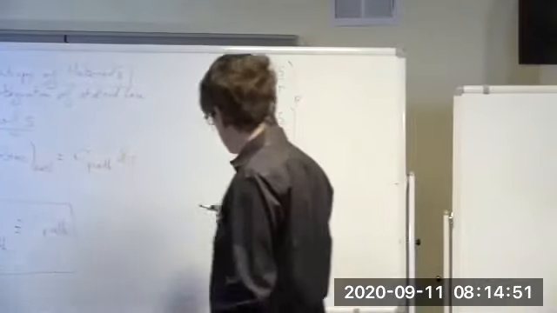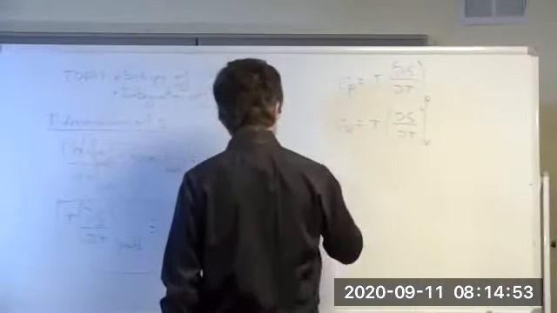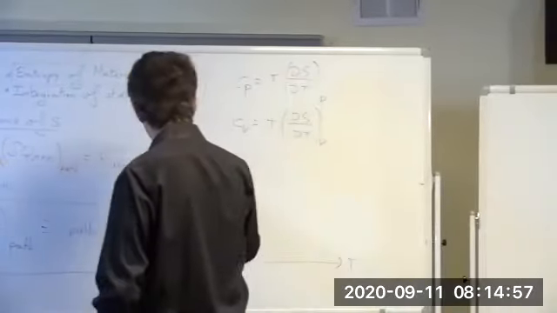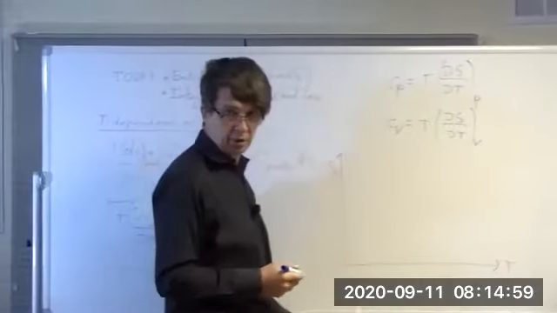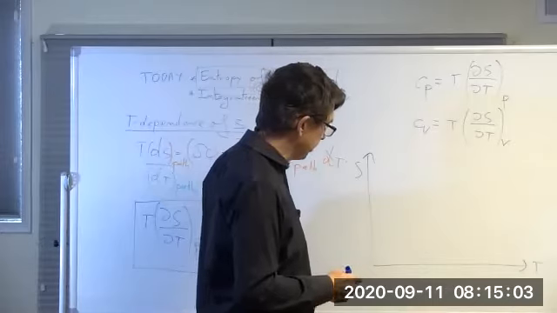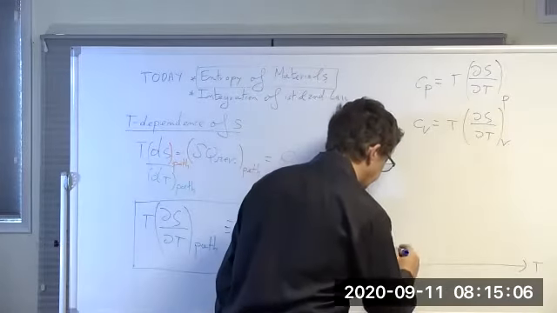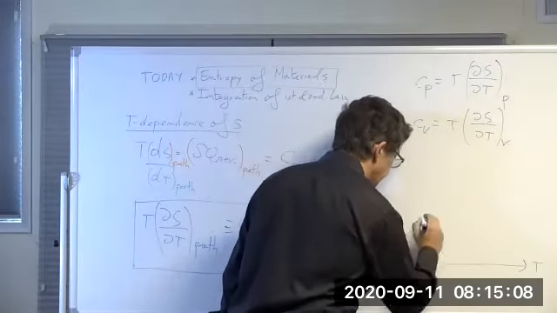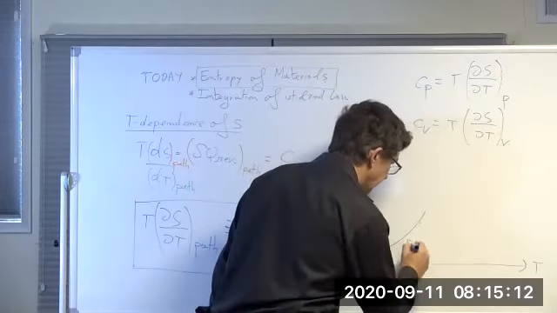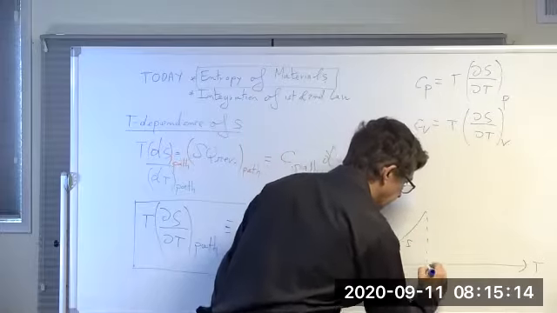You can look at the entropy as a function of temperature in the same way that we plotted the enthalpy, and I'll talk later about the reference state, so let's not worry about it. So again, let's say you're in a solid phase. At some point you hit the melting point.